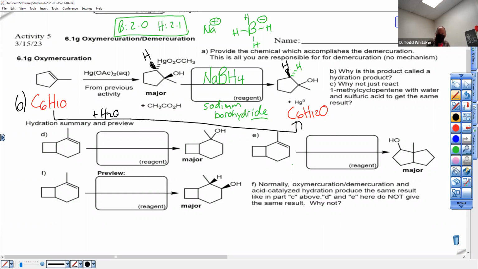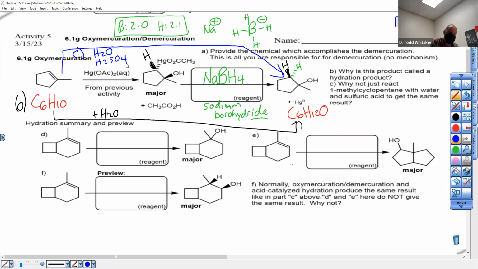And then I'm going to remind you that you know several hydrations. Oh, part C is a great question. Part C in blue: you learned that if you reacted that chemical with water and sulfuric acid, you'd get the same result. Yes, question? No, stretching. Okay, very important. So why did we have to learn this new reaction that does the same thing and costs a lot more money?